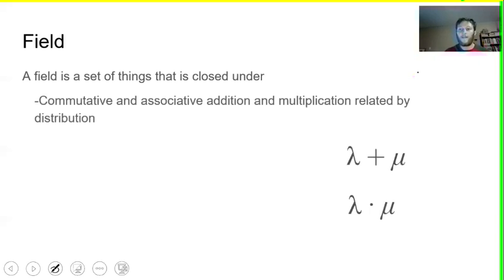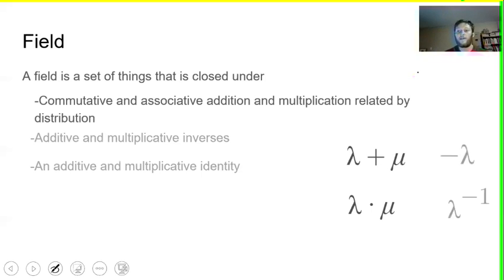So a field basically is a set of numbers that you can add together and multiply together. So there's two operations in a field. And the main thing that distinguishes a field from other algebraic objects, for instance rings, is that there are multiplicative and additive inverses for every element.